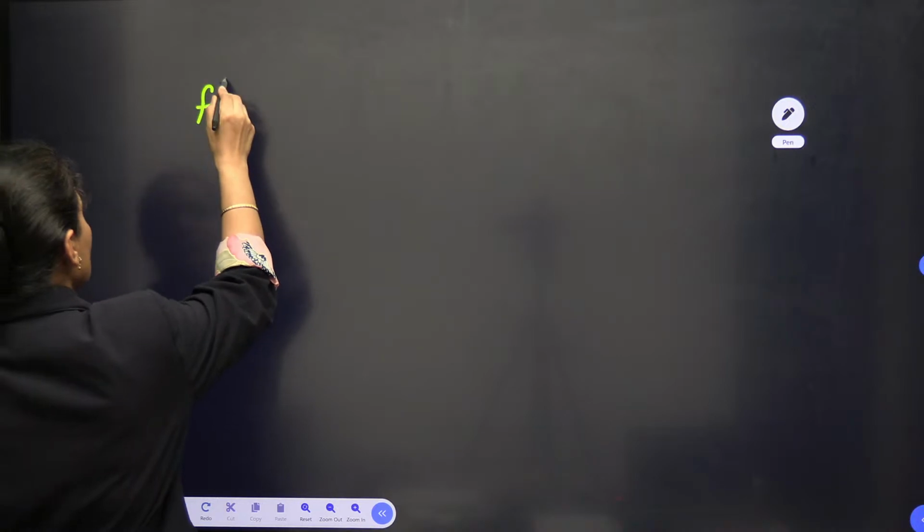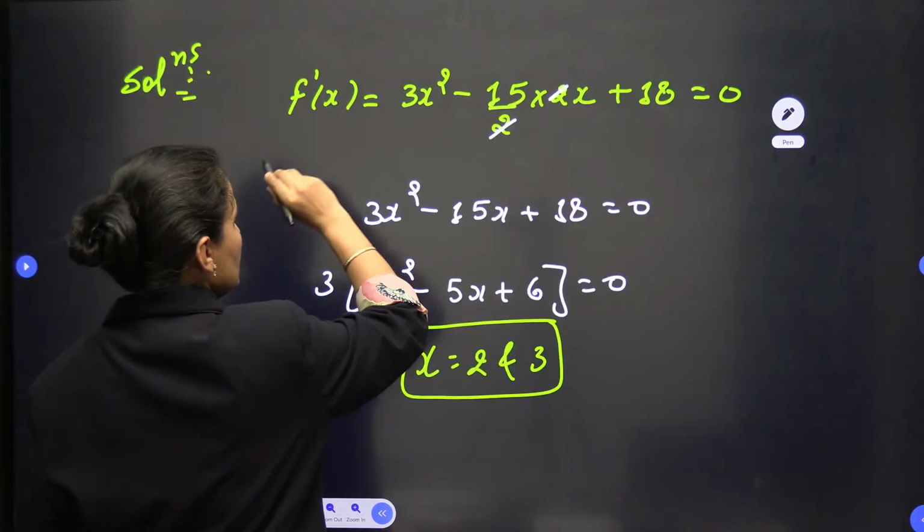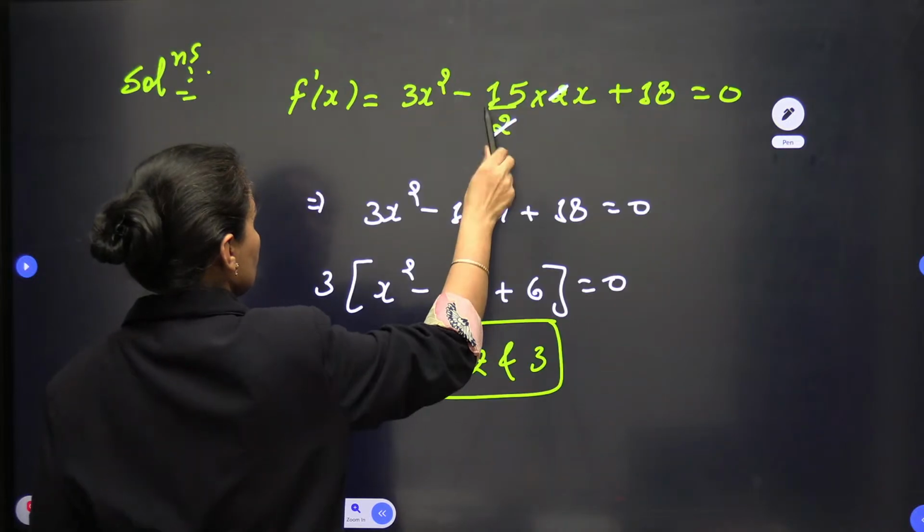Now I can go for the double order derivative. f double dash x will be 6x minus 15, right?